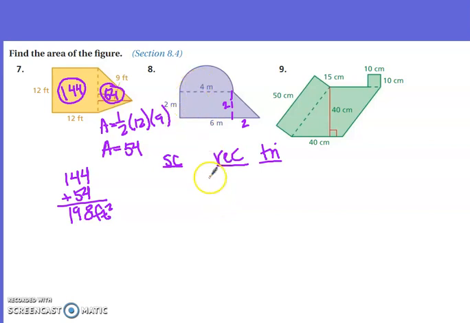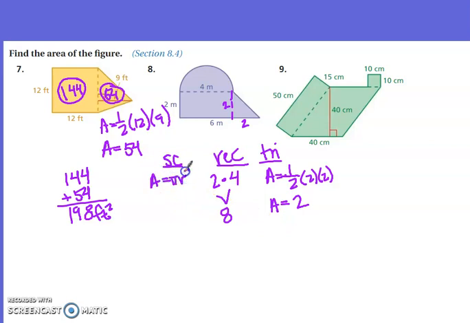The rectangle is 2 by 4. 2 times 4, that's 8. The triangle is 1/2 times 2 times 2. Half of 2 is 1, and 1 times 2 is 2. And then now I gotta do this semicircle. Area is pi r squared. They gave us the diameter, which isn't helpful.